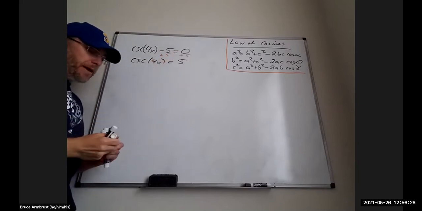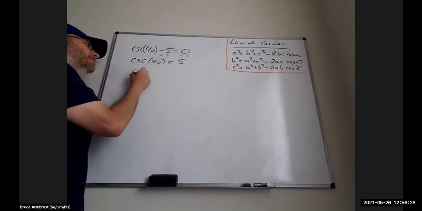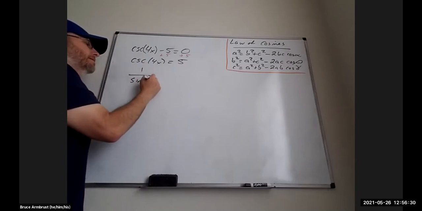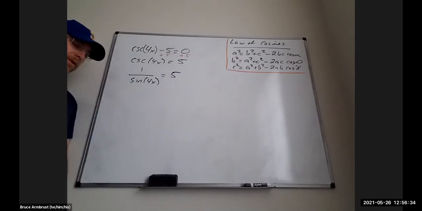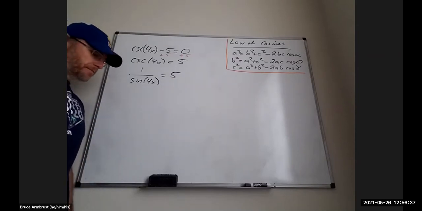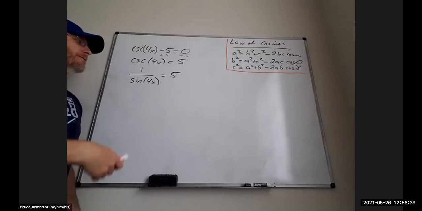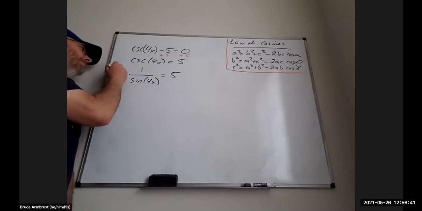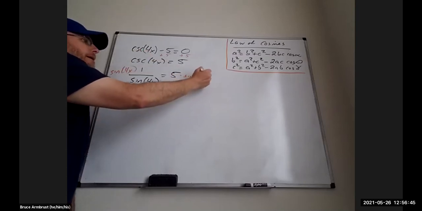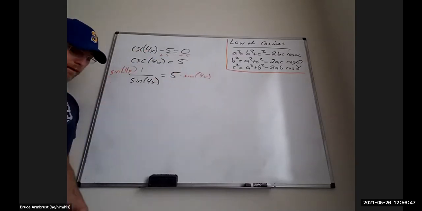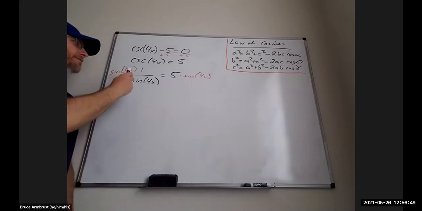And now if we turn this back into a sine, so we have cosecant is 1 over sine. Again, multiply by sine. Those sines cancel over here.